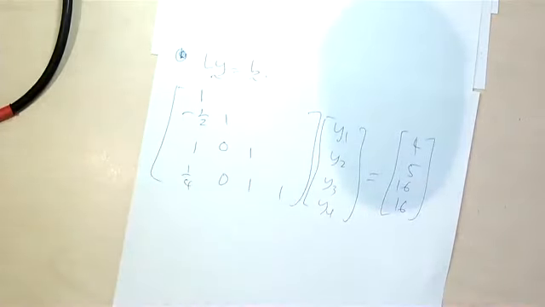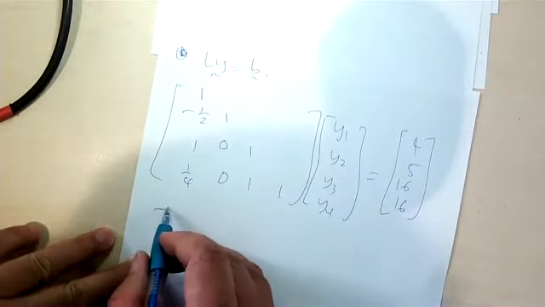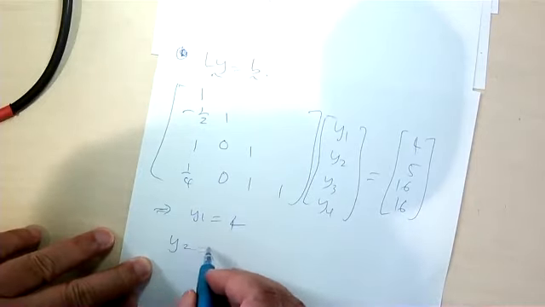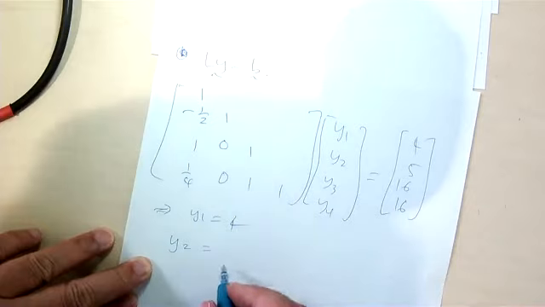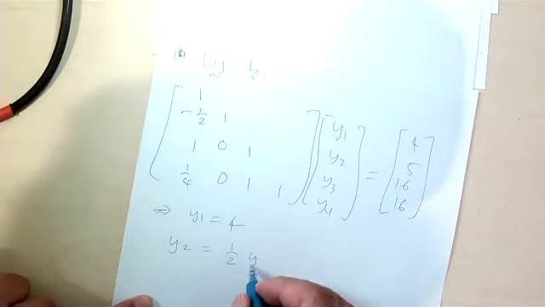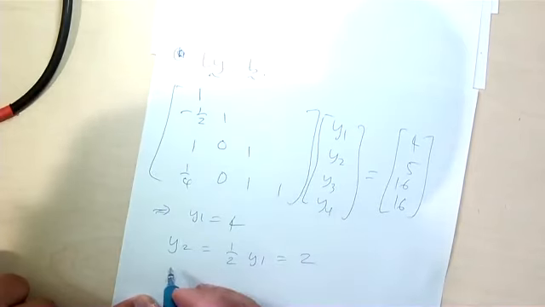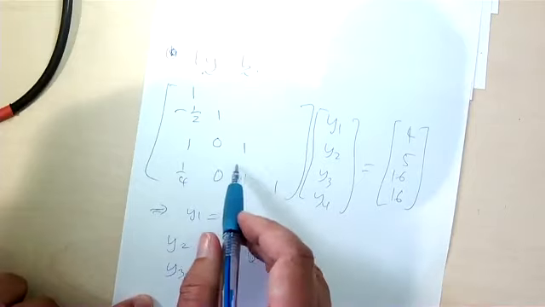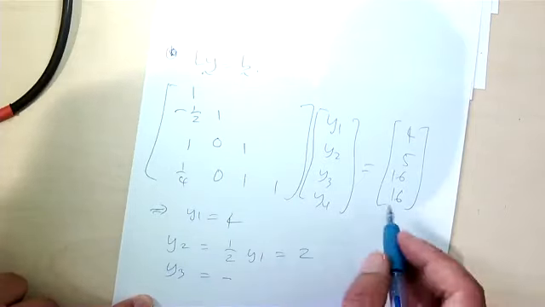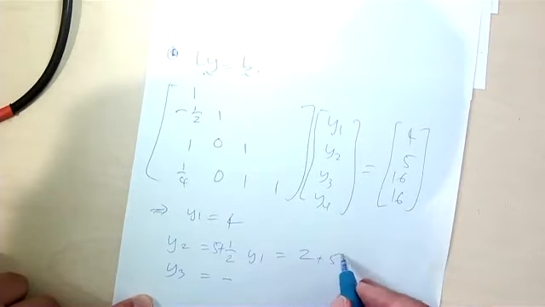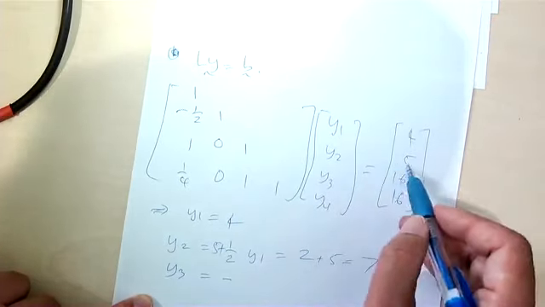So you can get y1 equal 4. And y2 is 5 plus 1/2 of y1, so it goes to 7, because we have to take the 5 here.